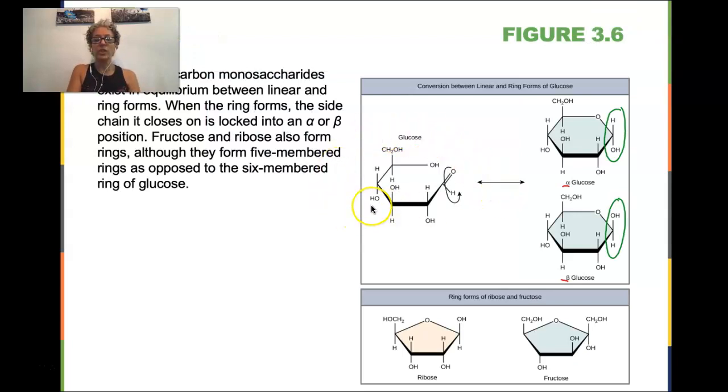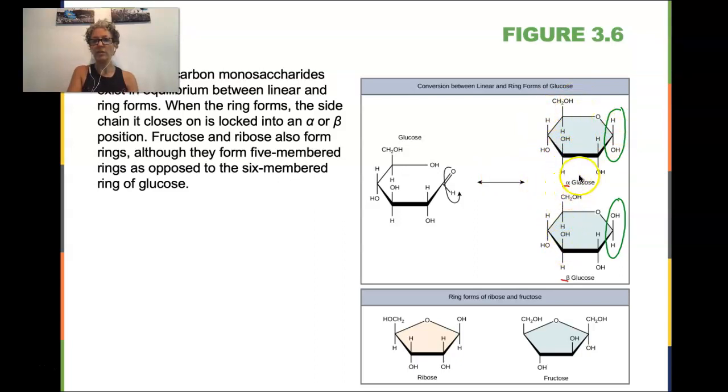So we looked at the Fisher projections of those 3 monosaccharides, those 6 carbon sugars, and in solution they tend to form a ring structure. So with glucose, we take that linear Fisher projection and it can form a ring in 2 different formations.